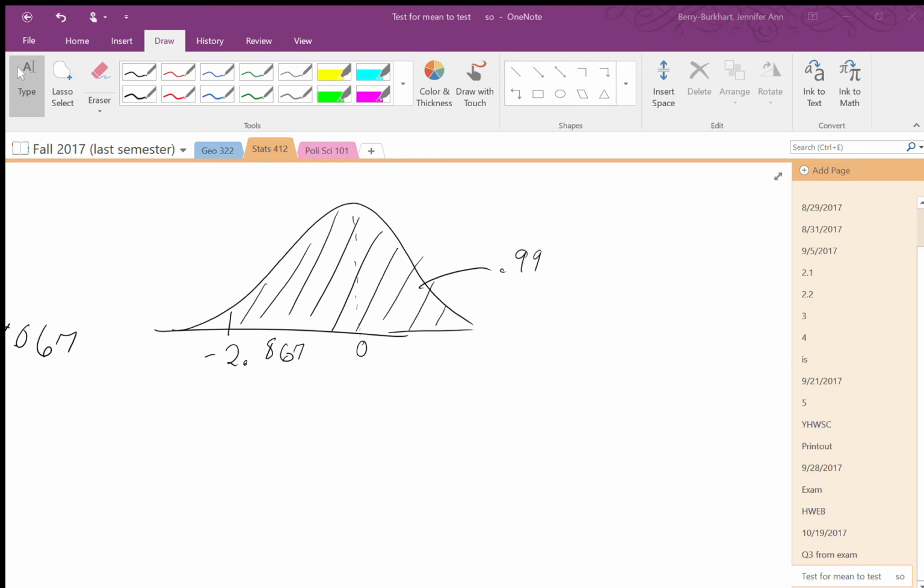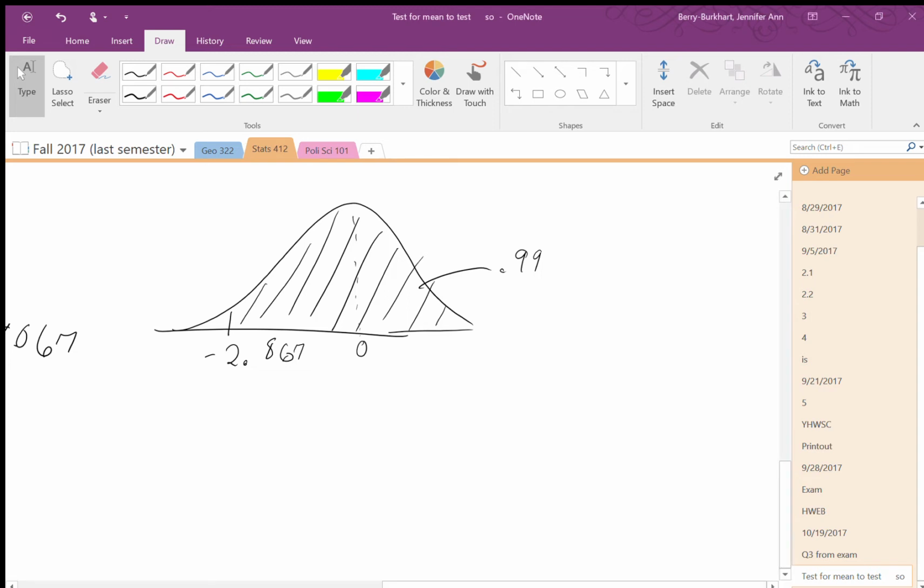So as I just showed here, what's the p-value of the t-test?